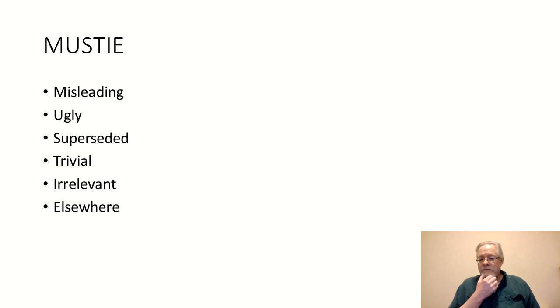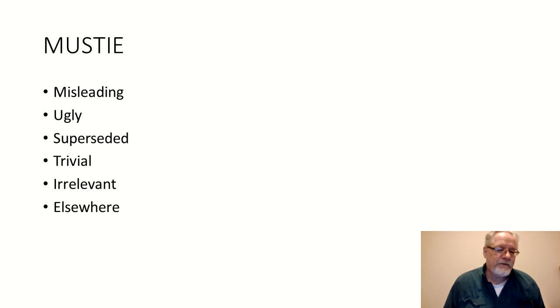The other question is superseded. Has the material in the information been superseded by a new edition, let's say? Is the information trivial? Is there something in the book that is of trivial interest? Is the book irrelevant? Not usable at all. It's just totally irrelevant to the collection. And is it available elsewhere?